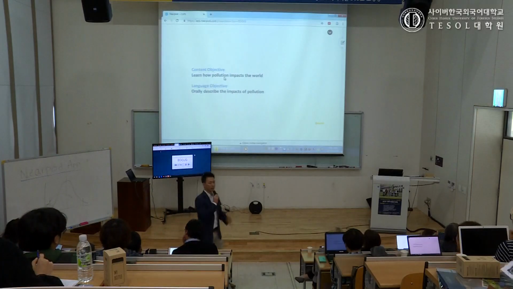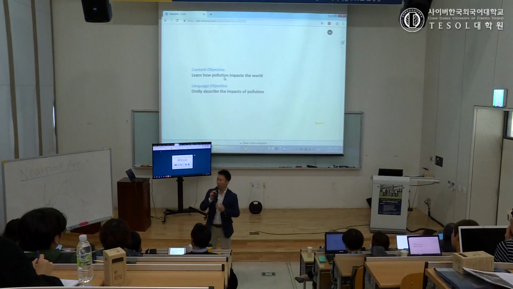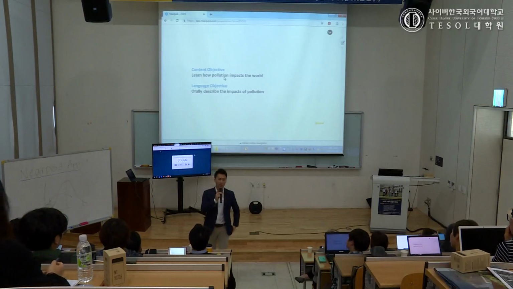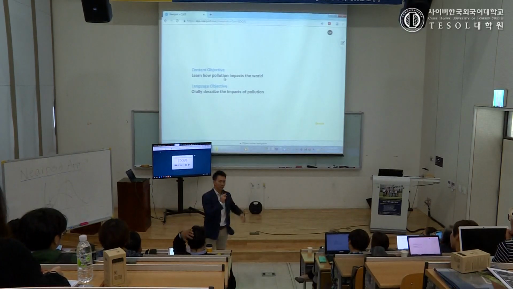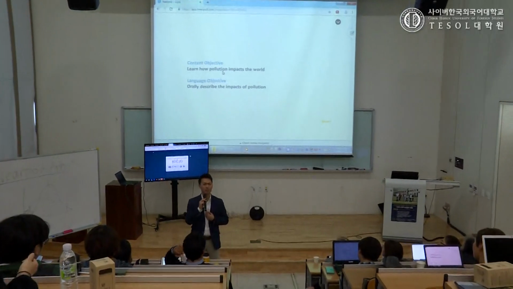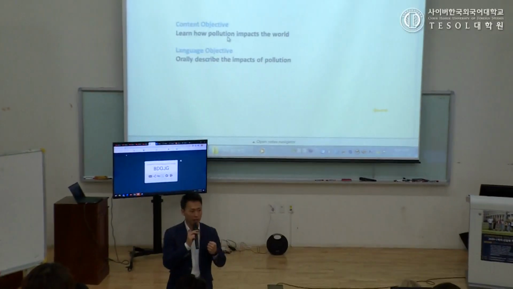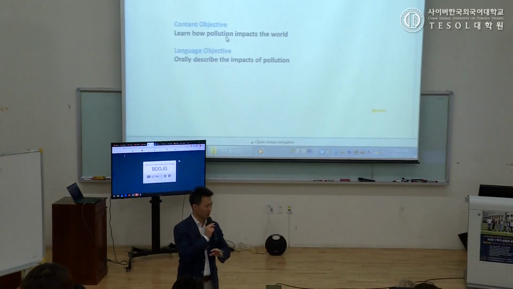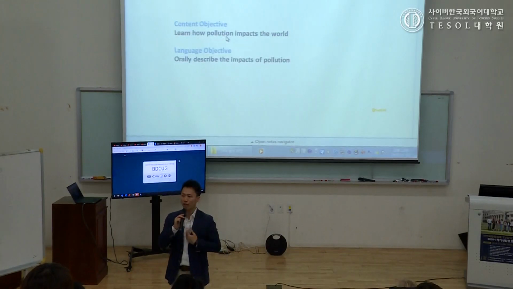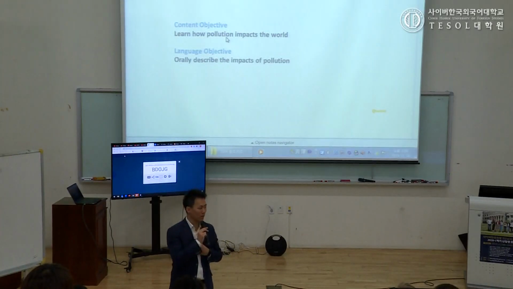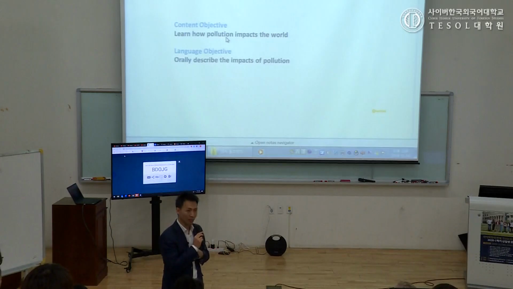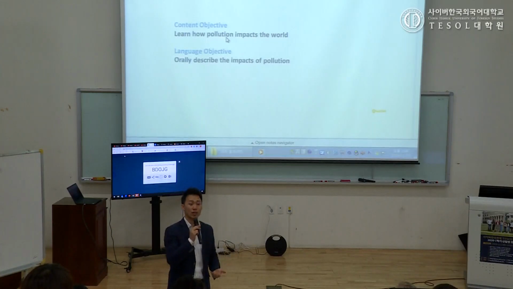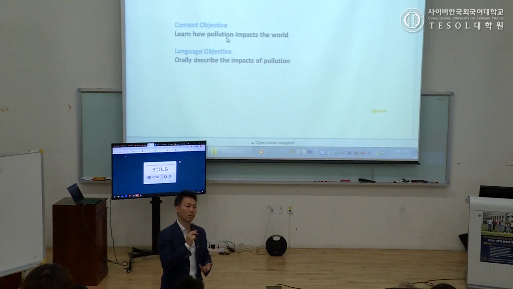So in a lesson, normally when I was at Nearpod, I was making some of the content, we wanted to have two objectives at all times. You don't have to do this. I like to do this. This is just making sure that students are learning language and they're learning content together. I have found that when students are learning about a topic that is interesting to them, it makes it easier for them to learn the language.